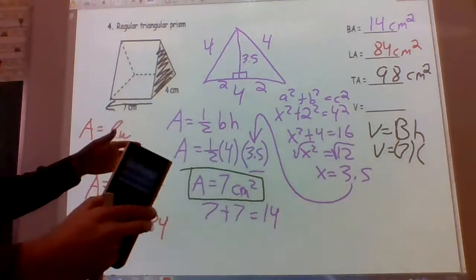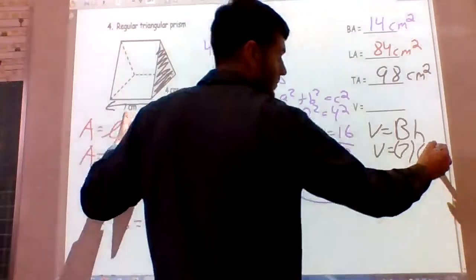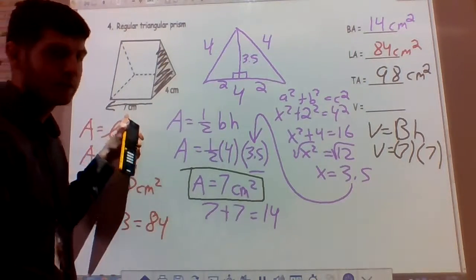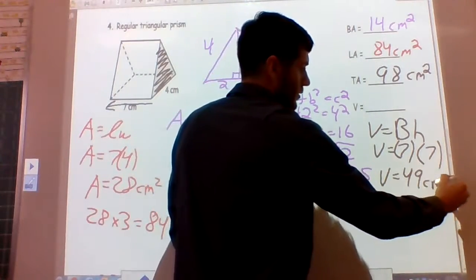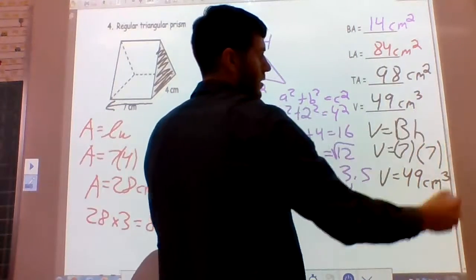So in this one, you have to imagine flipping it on its side. So 7 centimeters squared times 7 centimeters is going to give us a volume of 49 centimeters cubed. And that's our triangular prism.